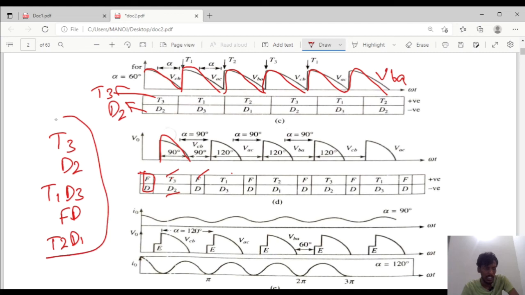After this the cycle will repeat again for 90 degrees. The current waveform will be continuous for 90 degrees also. At 60 degrees it is continuous, and at 90 degrees also the load current will be continuous.